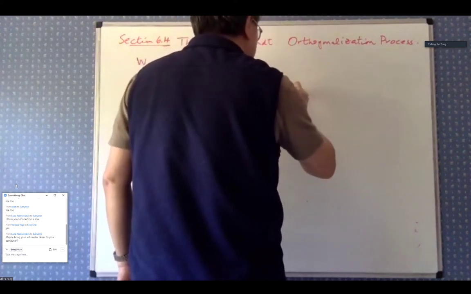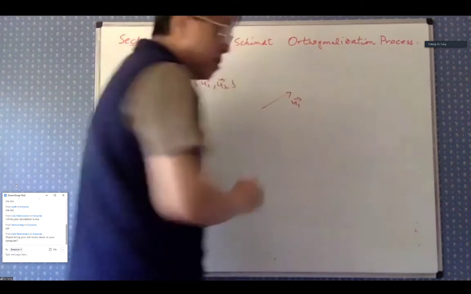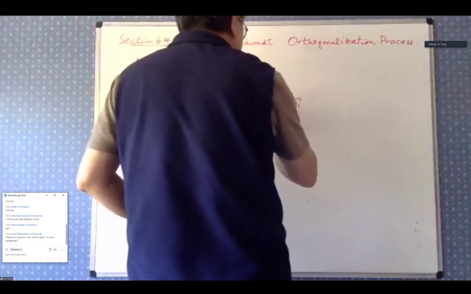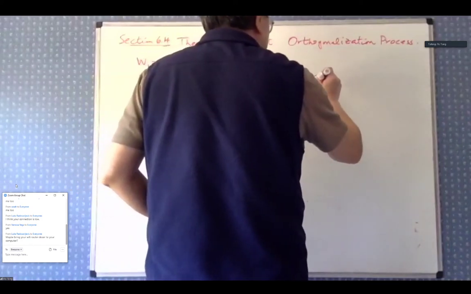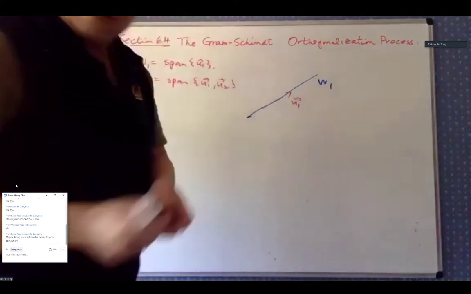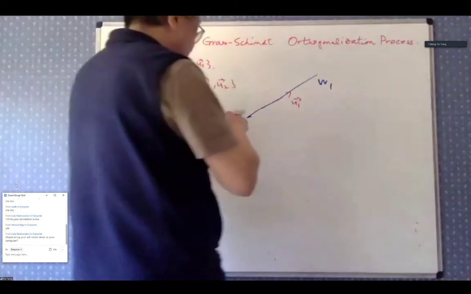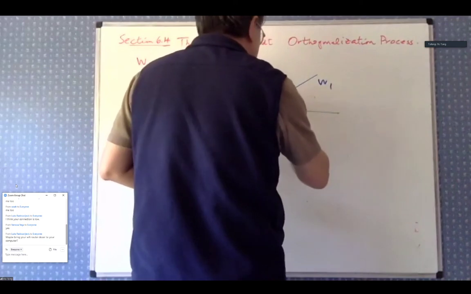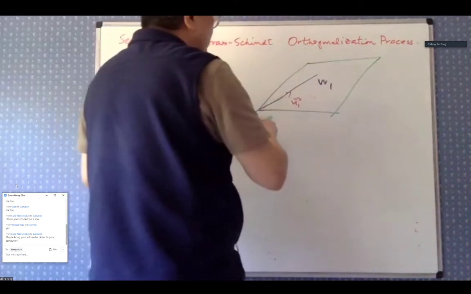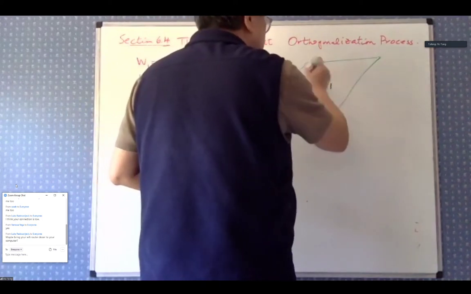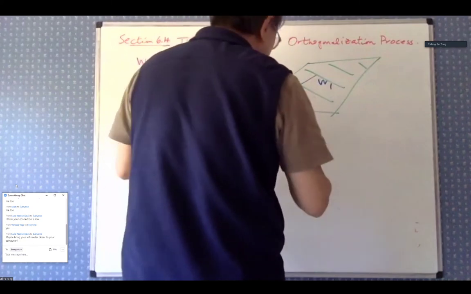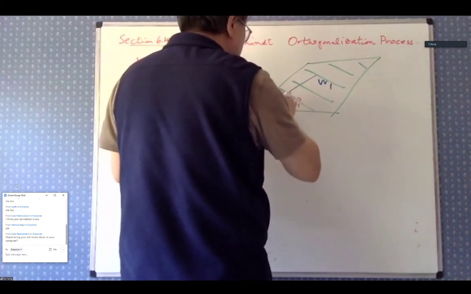Let me make it shorter. Now U1 is this line, W1, and then you have W2. W2 is this plane. It's spanned by U1 and another one which is called, let's say, U2.